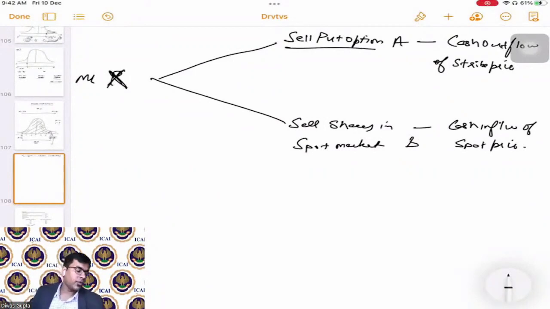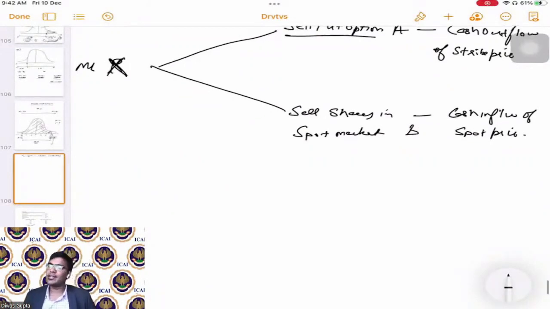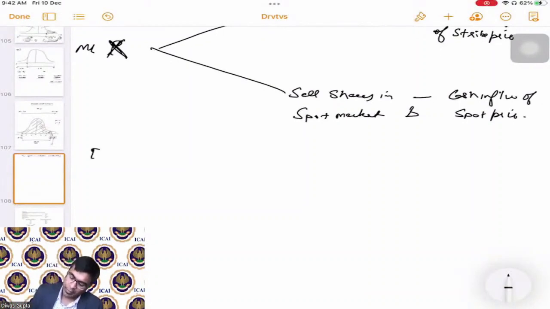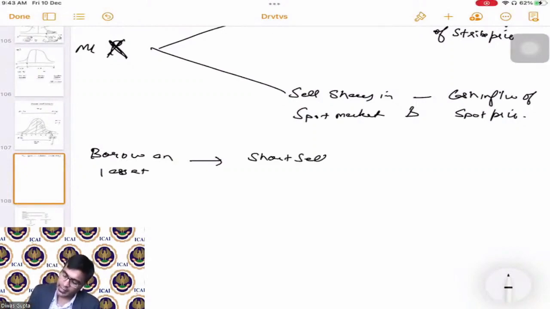So basically what we are going to do is, I'll tell you the exact chain here. For case number 4, this is the chain. Borrow an asset. That means one asset you have to borrow. Short sell one asset. Here one asset is the equity share itself.